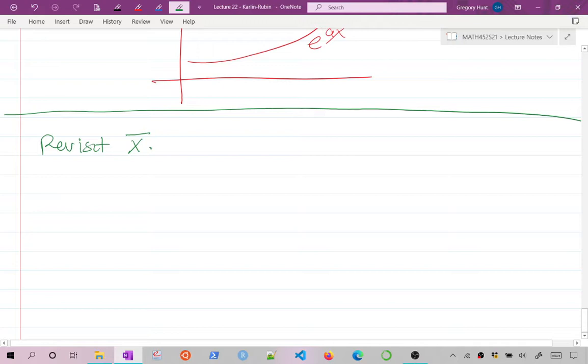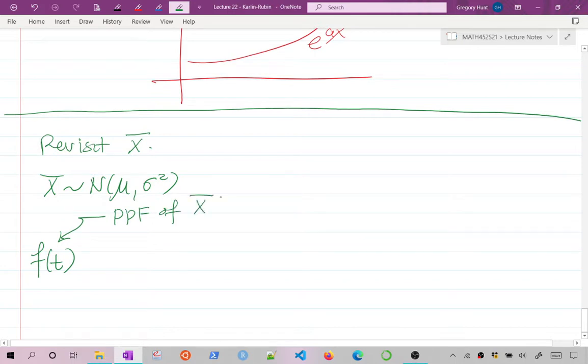Revisit X bar. What we had said is that we know X bar in this case has a normal mu sigma squared distribution. So if you look at the PDF, we want to know, does the distribution of X bar have the MLR property? And mu is our unknown here. So if we look at f, this is going to be our PDF, not of the individual X of n's, but the PDF of X bar, and it's indexed by a parameter theta.